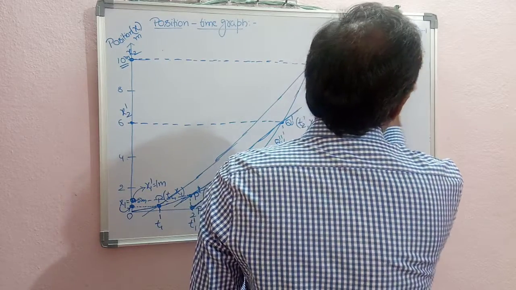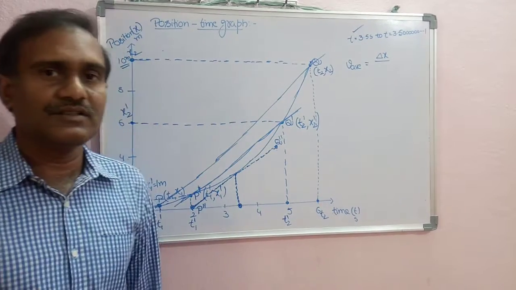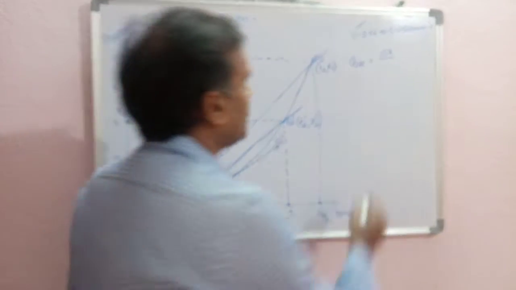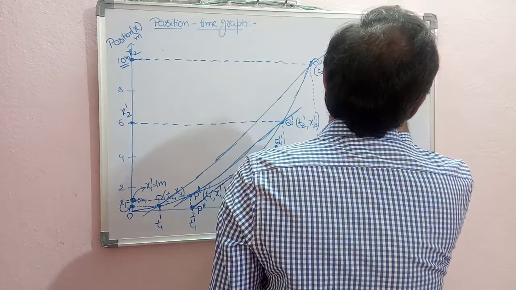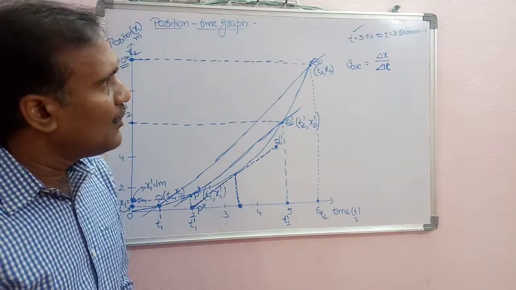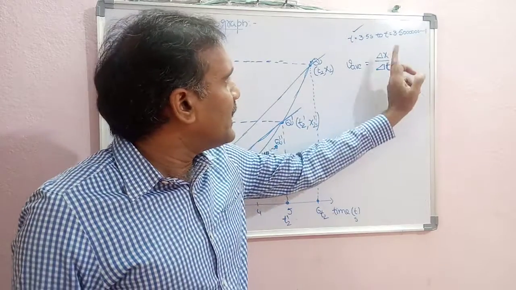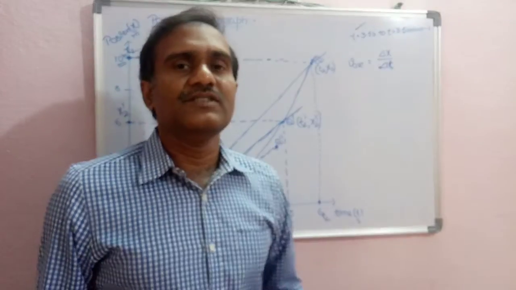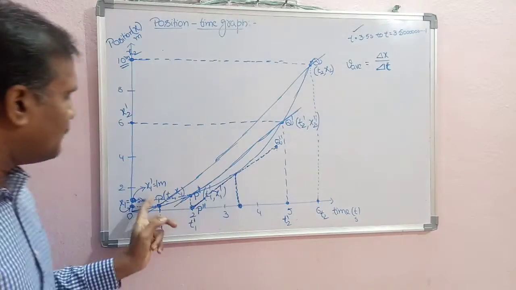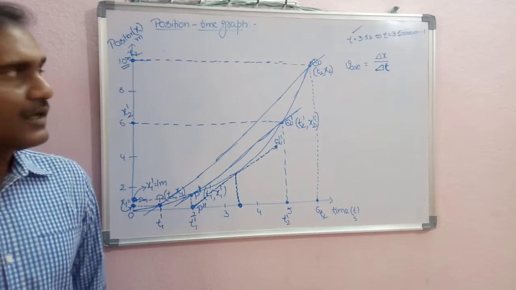Here it is delta x, x2 minus x1 or x2 dash minus x1 dash, divided by the time interval, taken as delta t, t2 minus t1. What does this delta x by delta t indicate? Change in y coordinates divided by change in x coordinates, nothing but the slope of the line PQ or the slope of the line P dash Q dash.